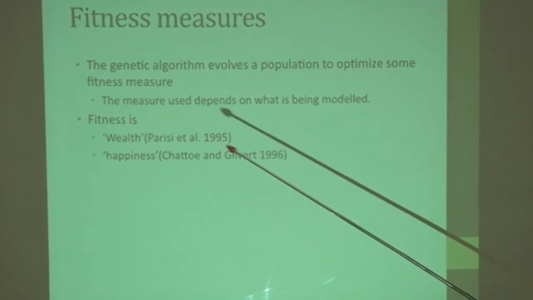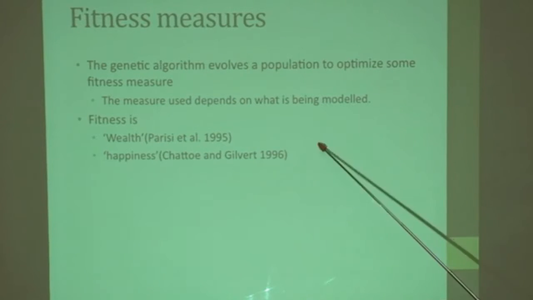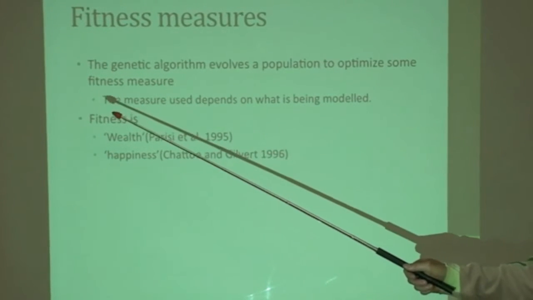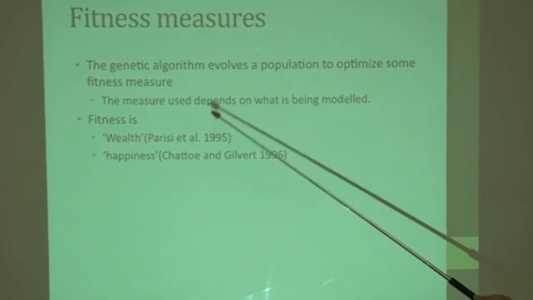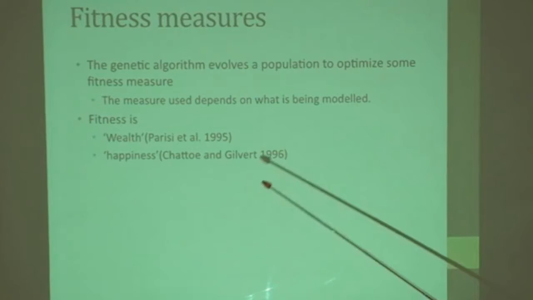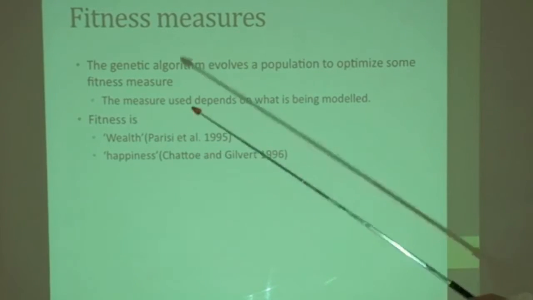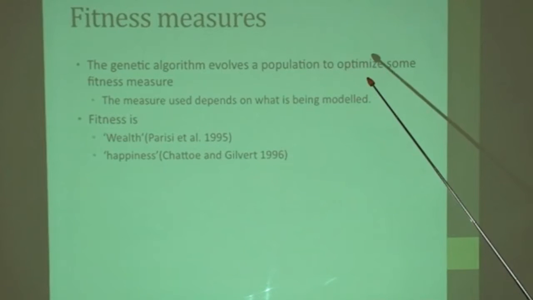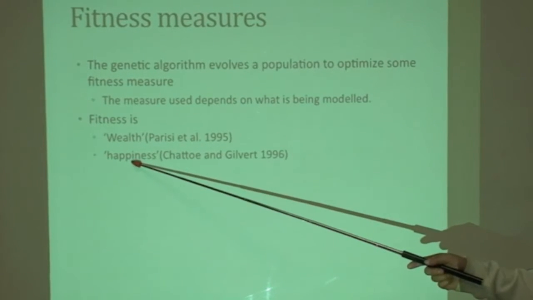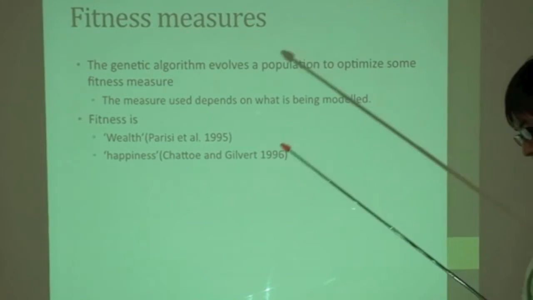The genetic algorithm evolves a population to optimize some fitness measure. The measure used depends on what is being modeled. For example, fitness is determined as wealth or happiness, and so on.